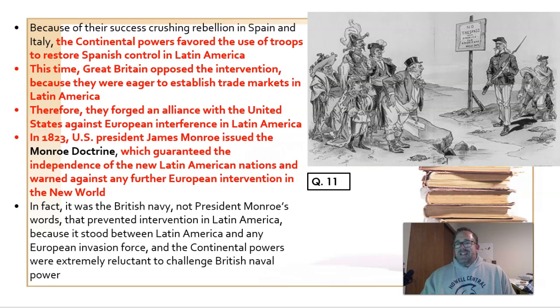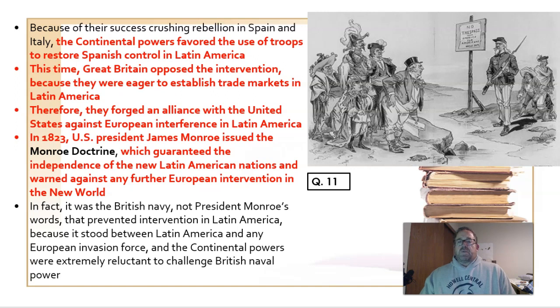Okay, that didn't happen. The British were unwilling to do so. They said that they didn't want to get in the affairs of these former colonies, but really what they were after was their own self-interest. They were interested in establishing trade and opening up trade with these South American territories.